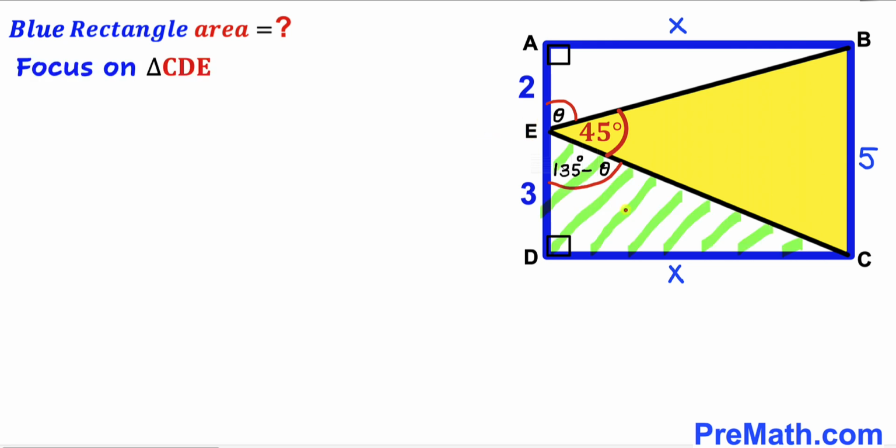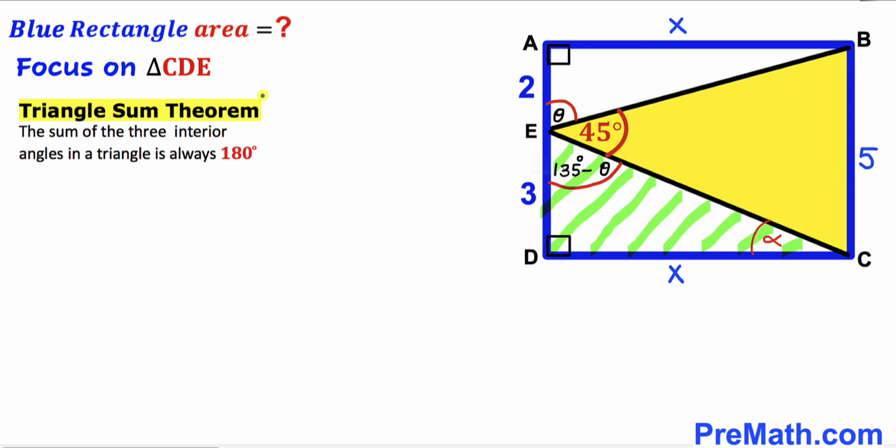Now let's focus on this right triangle CDE, and assume that this angle is alpha. Let's recall the triangle sum theorem: the sum of three interior angles in a triangle is always 180 degrees.